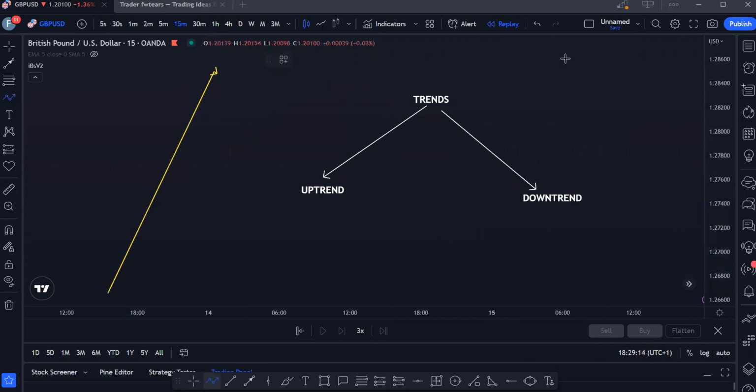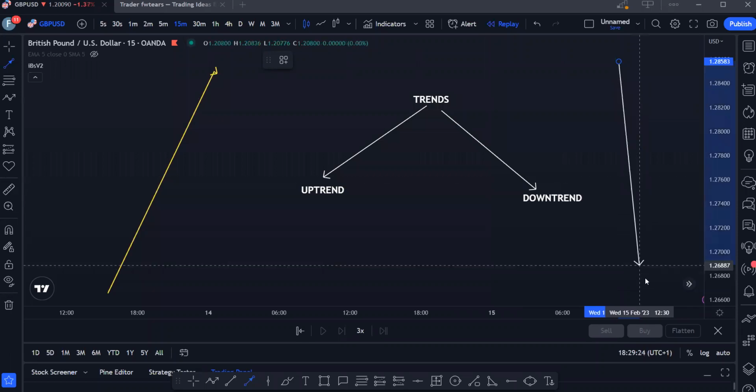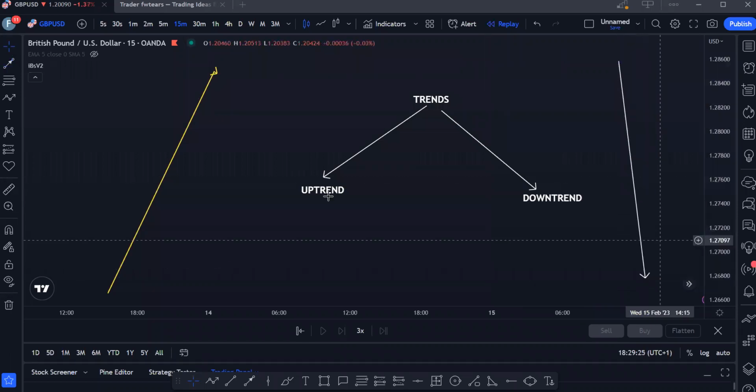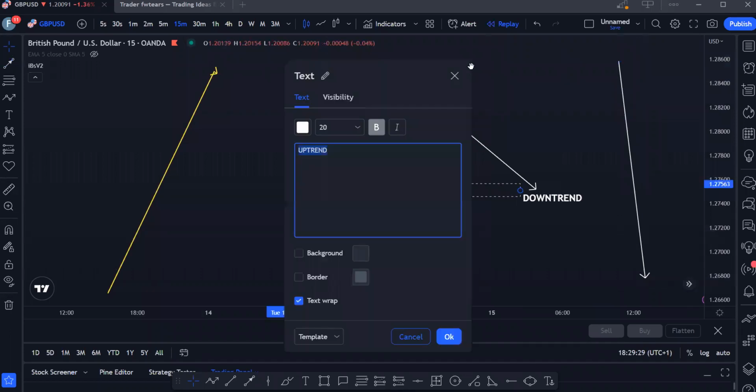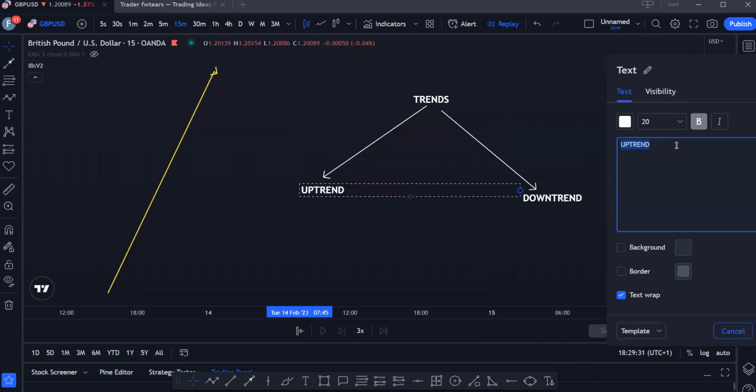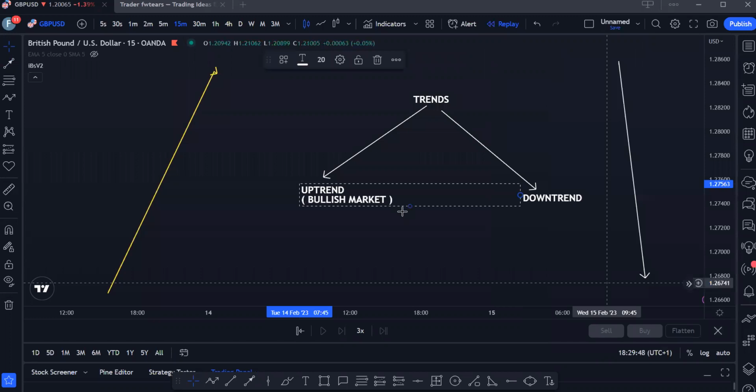Meanwhile, when the price of a particular commodity is going down, we say that price is in a downtrend. An uptrend is a bullish market. A bullish market means that price is going up. That means the bulls are in control. Remember, the bulls are in control.